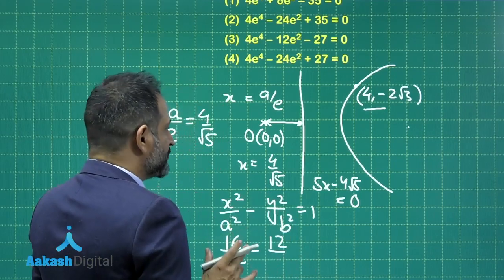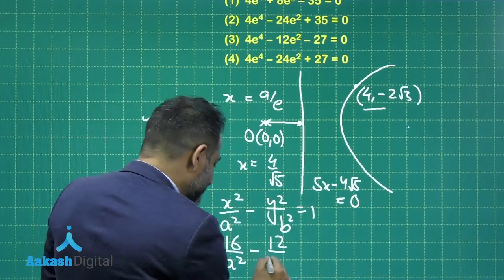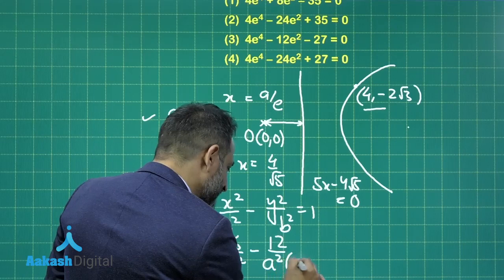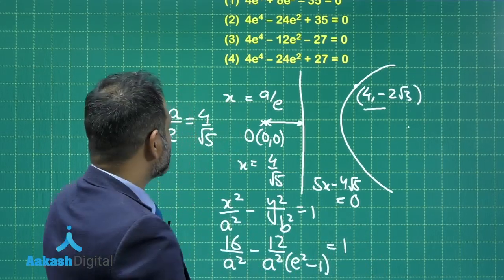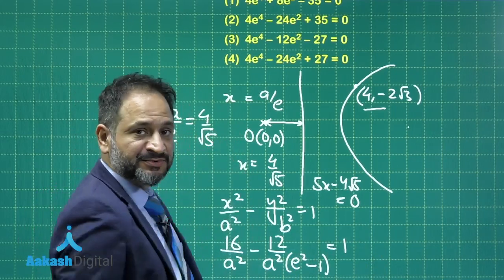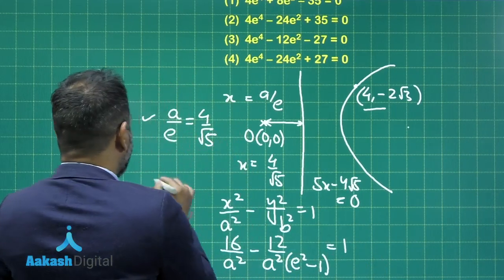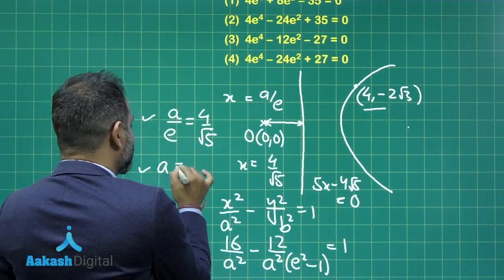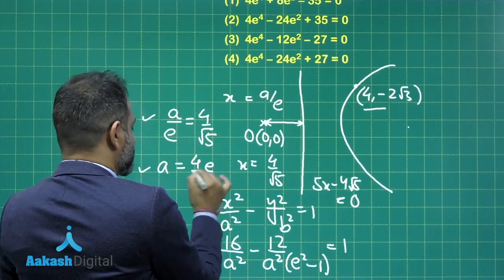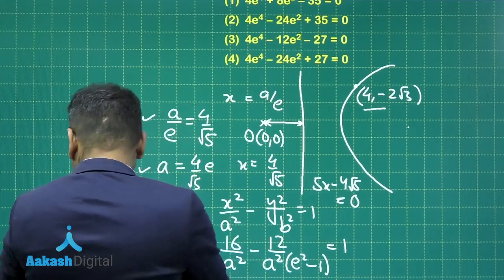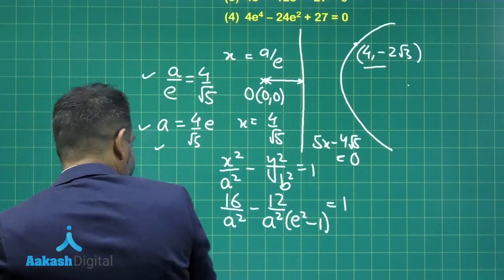Now, what I am going to do? I am replacing b square with a square into e square minus 1. This is equal to 1. Now, we need a relation in terms of e, so definitely we have to eliminate a from here. So, a is equal to 4 by root 5 into e. Now, let us see what we are having next.